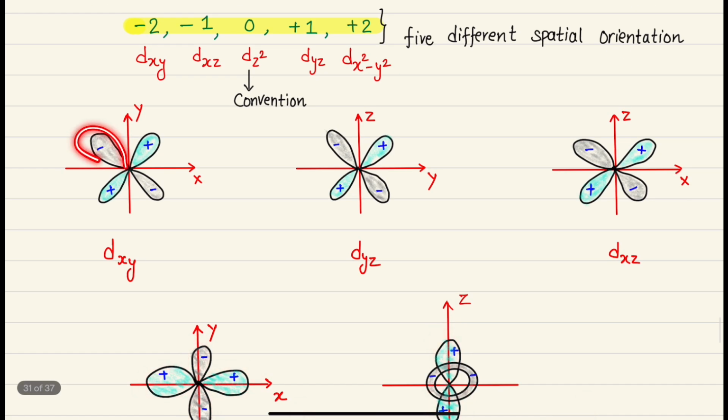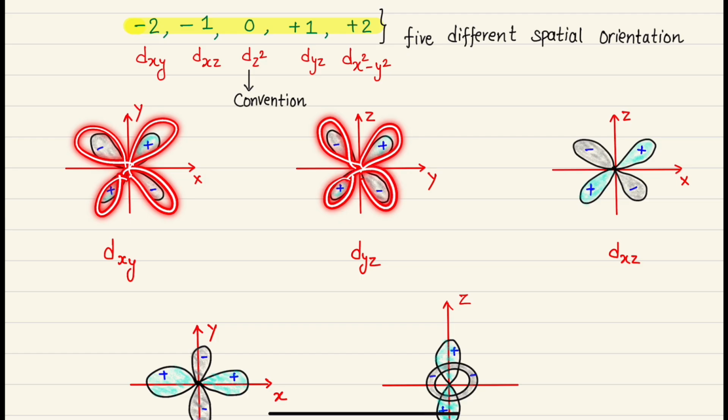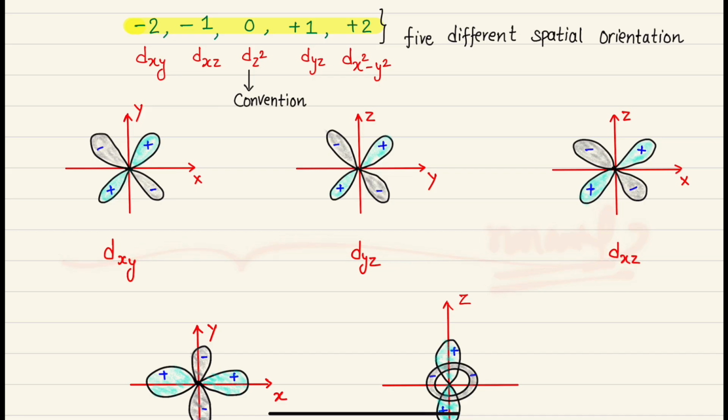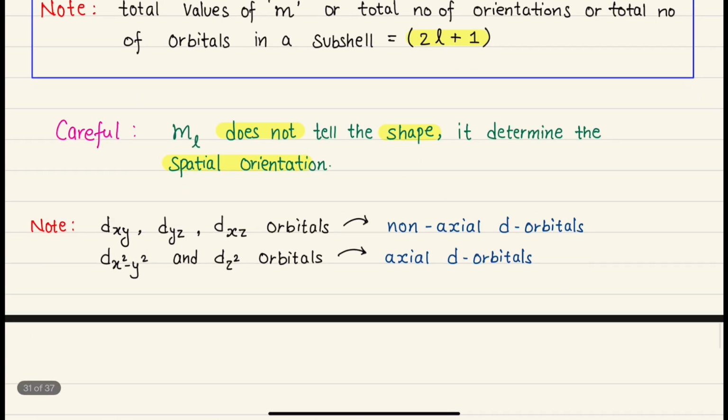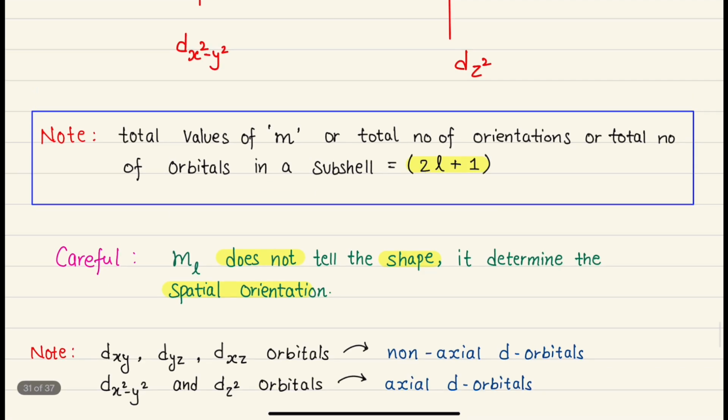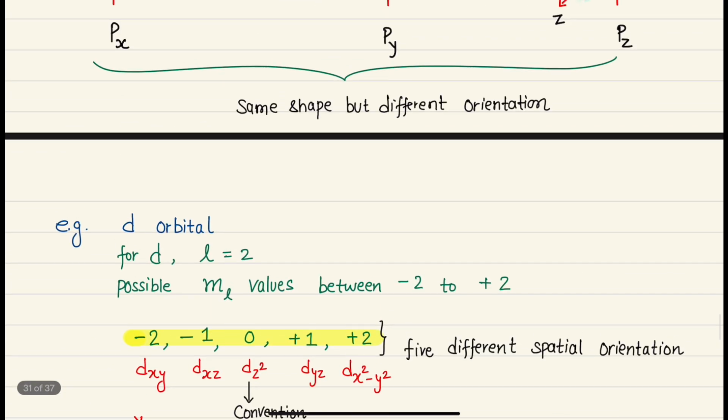But here the lobes are between the axes, so it is called a non-axial d orbital. All these three are non-axial d orbitals. That's why dxy, dyz, dxz orbitals are non-axial d orbitals. Okay, so this is all about magnetic quantum number.